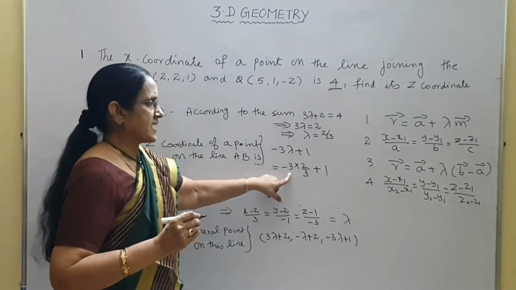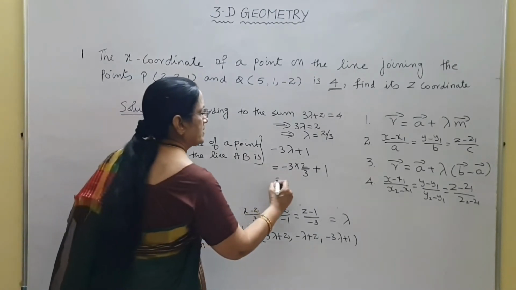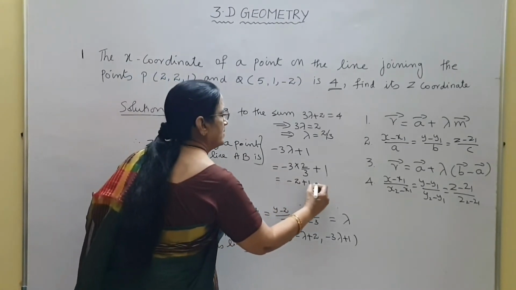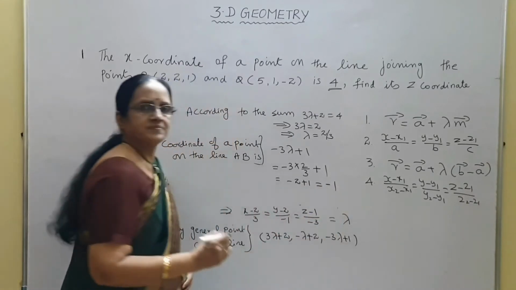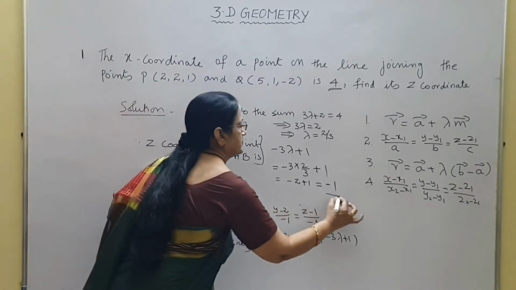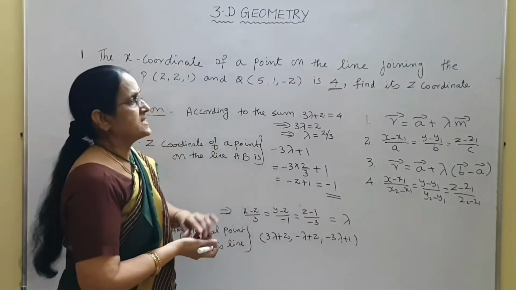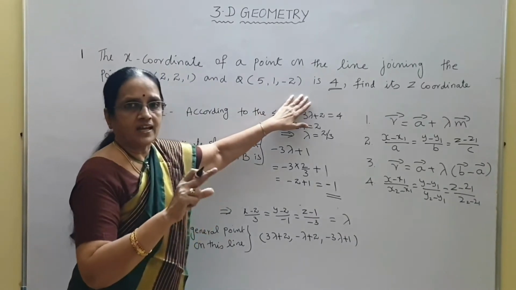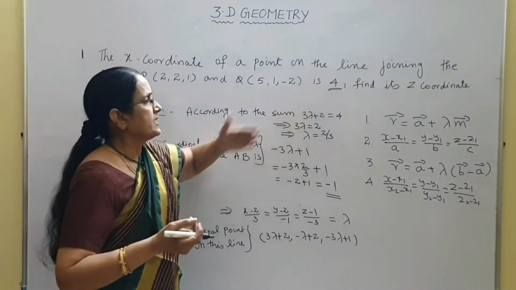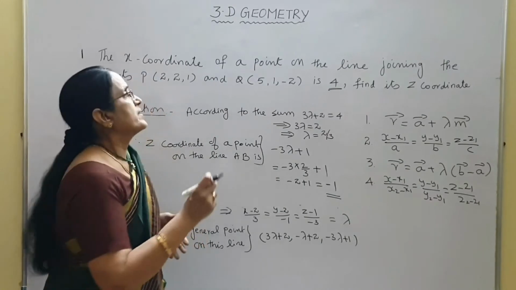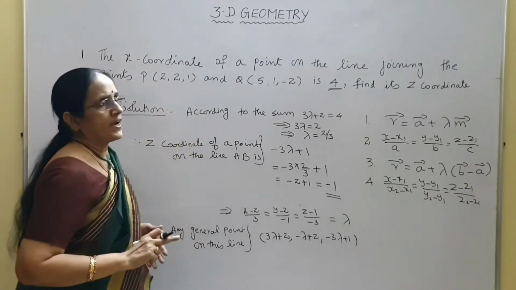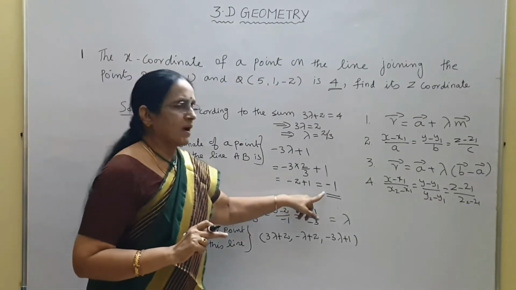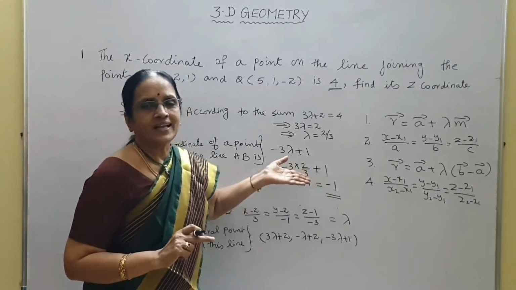Now 3 gets cancelled. I will have -2 + 1, which is equal to -1. That's all. We have found the z coordinate of the point on the line AB. Finally, you have to write your answer as the z coordinate of the point on the line AB is -1. So that will be your final answer.